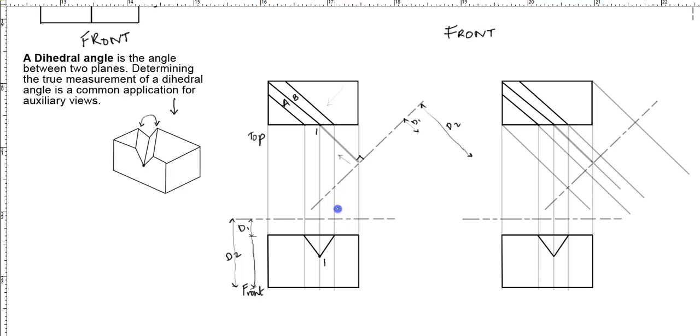If I were to draw a line, my object would start right here, and this edge would end from this distance to here.